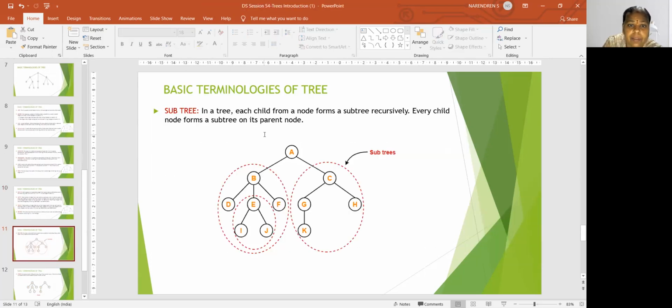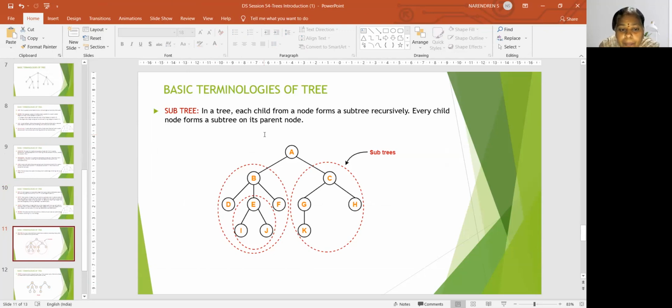Next are some basic terminologies of the tree. What do you mean by the subtree? The tree is divided into many modules, many portions, and these partitions are called subtrees. In a tree, each child from a node forms a subtree recursively. Every child node forms a subtree under its parent node.